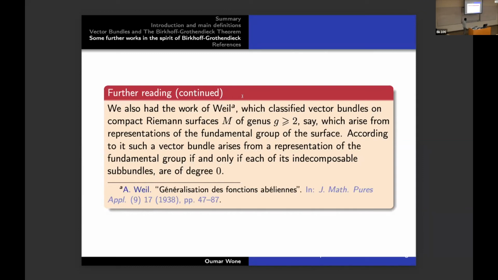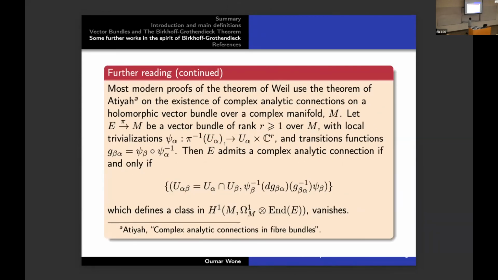And according to it, such vector bundles arise from a representation of the fundamental group if and only if each of its indecomposable subbundles is of degree 0. And the modern proofs of it use the work of Atiyah on the existence of holomorphic connections on holomorphic vector bundles on complex manifolds.